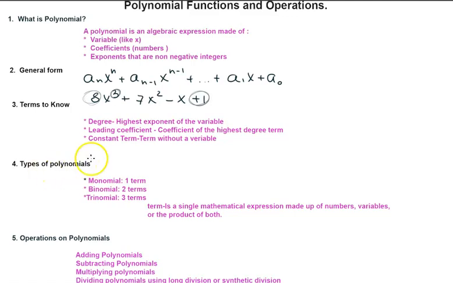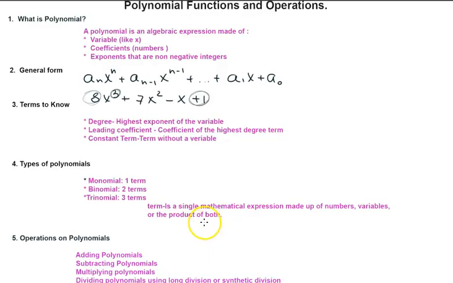Types of polynomials: a monomial, which is one term, a binomial, which is 2 terms, and a trinomial, which is 3 terms. Speaking of terms, what is a term? A term is an expression made up of numbers, variables, or a product of both.